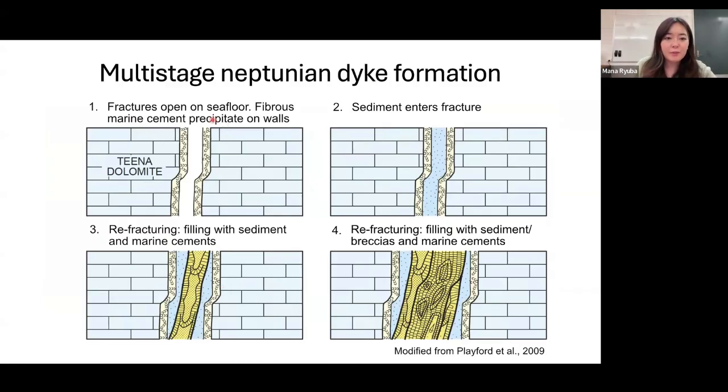Essentially, you have the first phase of Neptunian dike forming, where you have the fracture opening, and you have fibrous cements precipitating on the walls, and also sediment entering those fractures too. But when you have another refracturing event, you have this second generation of cements and sediment infilling these fractures. And then when you refracture that Neptunian dike again, you can come up with these really complicated textures.